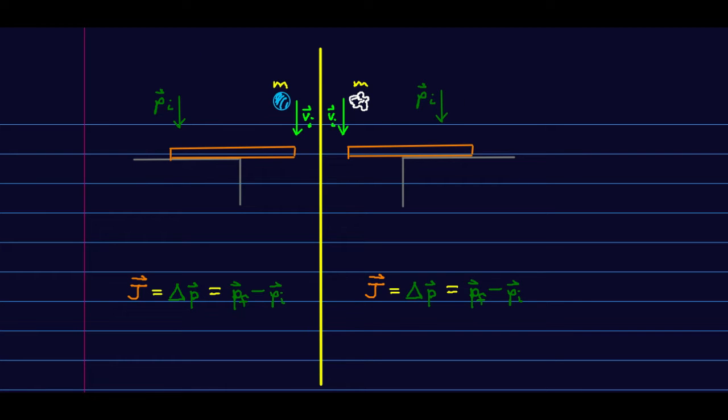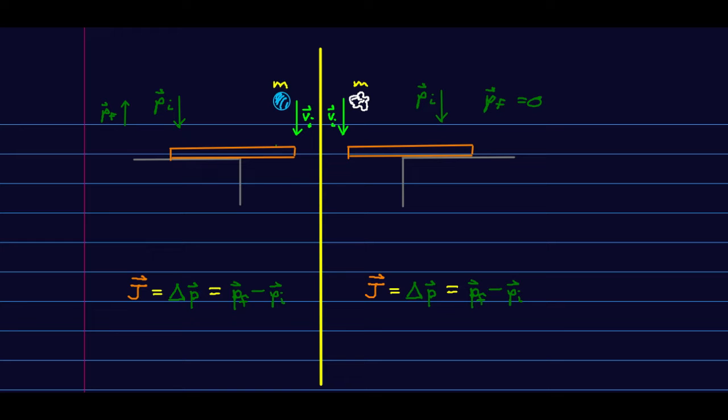However, after the collision, the wad of paper is stationary, and so its p_f is 0. But the ball is going to rebound at some upward speed, not as fast as it was going before it hit, but still some upward velocity.